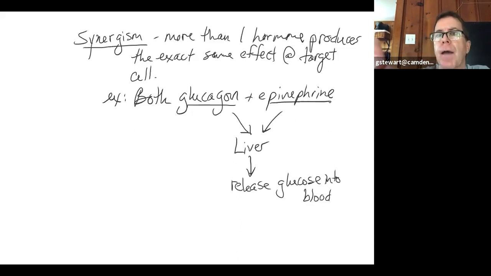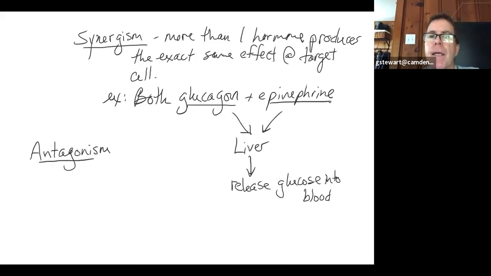And finally, I'm going to try to save space here. You might guess what this means. Antagonism just means when two hormones have the opposite effect at the target cell, or just two hormones have opposite overall effects.